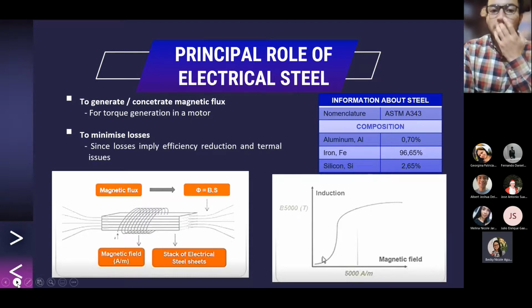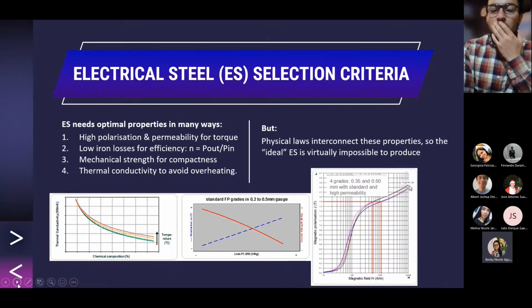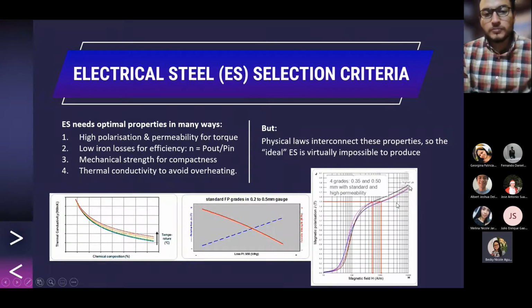Finally, we have the selection criteria of electrical steel. The sample on the right is an example of four materials of industrial grade, 0.35 to 0.50.